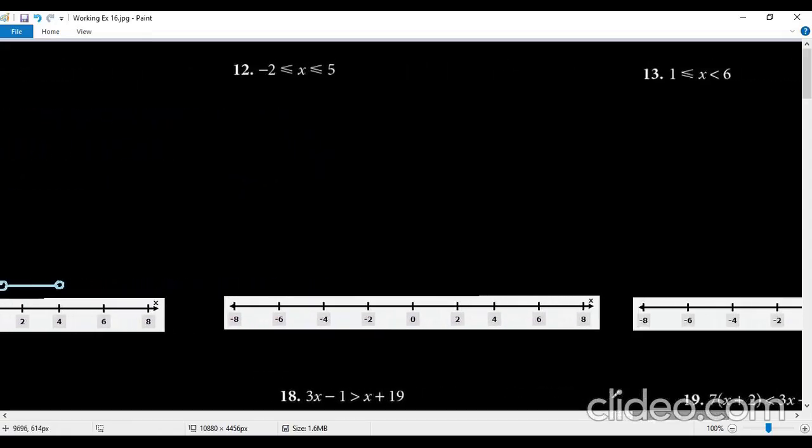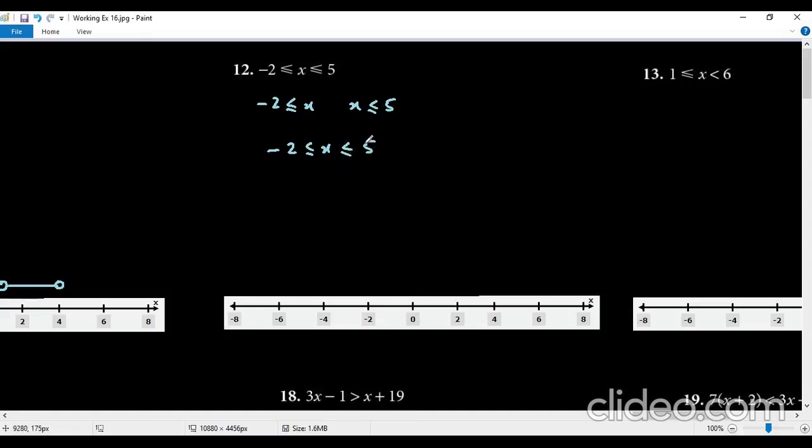When it comes to question number 12, there are two different things. Negative 2 less than x in here, and here this is x less than or equal to 5. So once we are converting it to make an answer, we write minus 2 less than x, and x is less than or equal to 5.